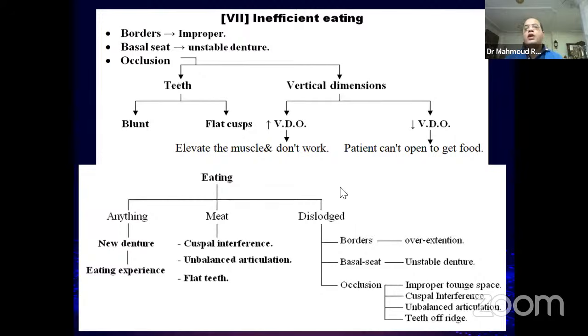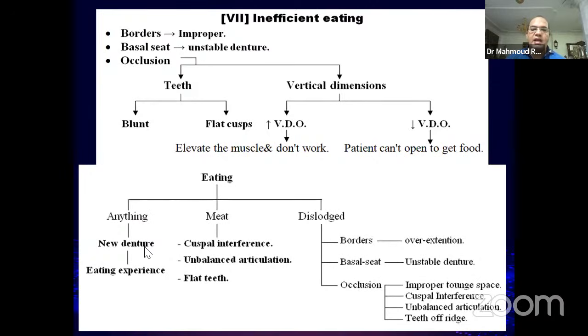In case of low vertical dimension of occlusion, the patient will complain of improper chewing efficiency, because the maximal biting force and the maximal chewing ability will be at the proper vertical dimension of occlusion.